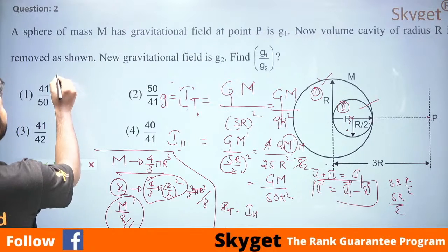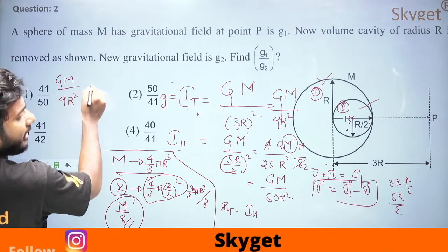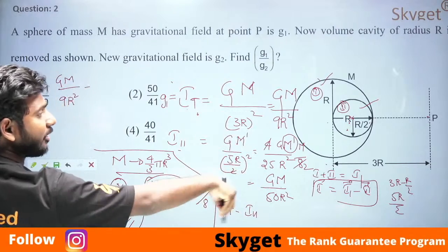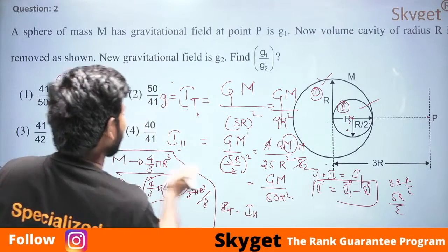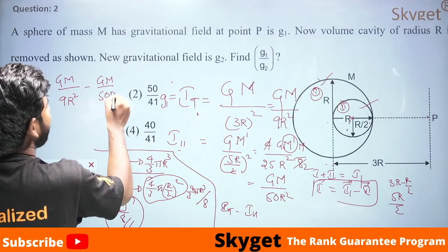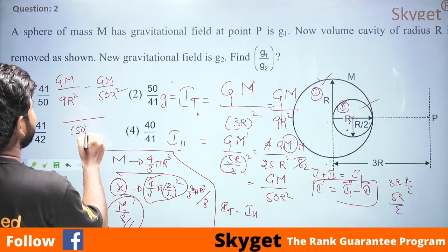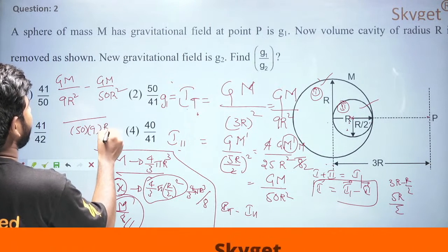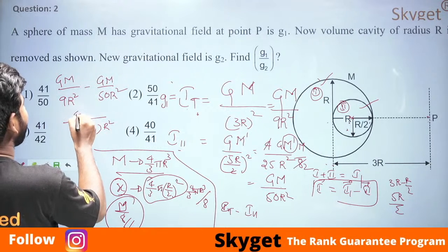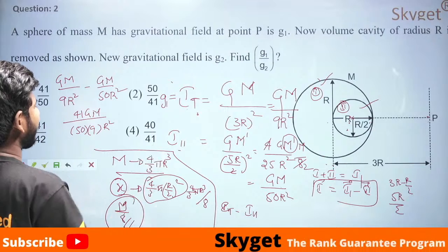I total is what? G m by 9r square. The removed part will be how much, students? Here the removed part will be G m by 50 r square. So if you make 50 into 9 the LCM, r square here, so 50 minus 9, that will be 41 G m by 50 into 9 r square.